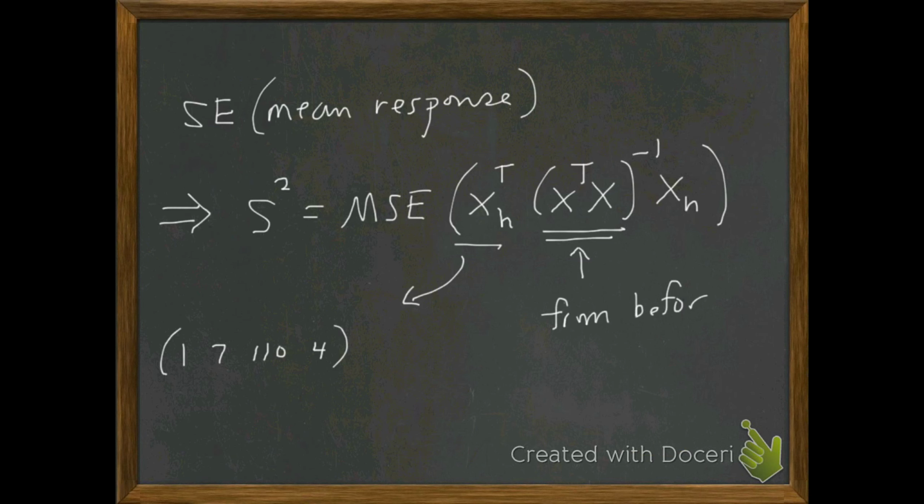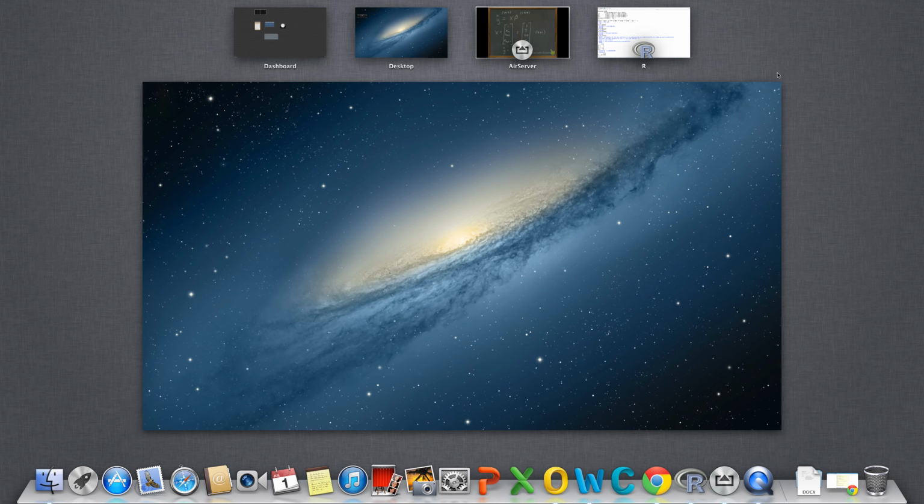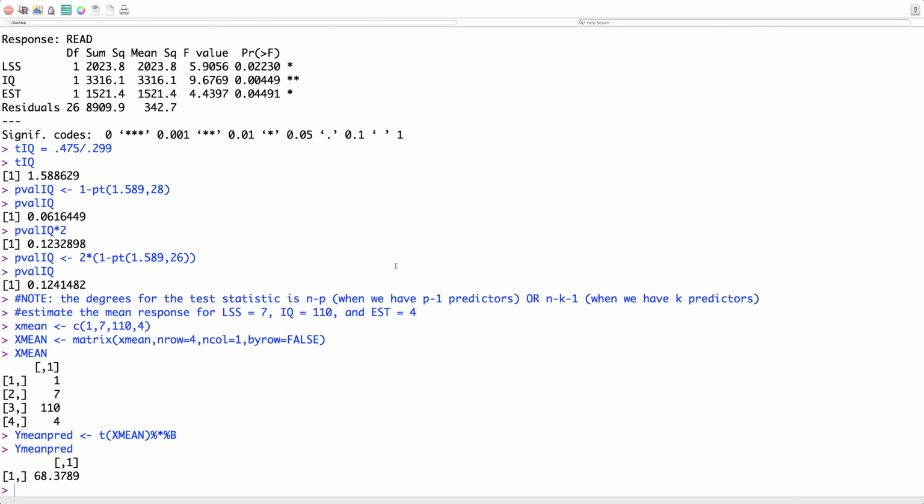So let's calculate the standard error squared. Now we're going to run into problems multiplying by the mean square error like we did before. So let's just do this. Let's take, we called this what, the transpose of x mean, right? Yes.